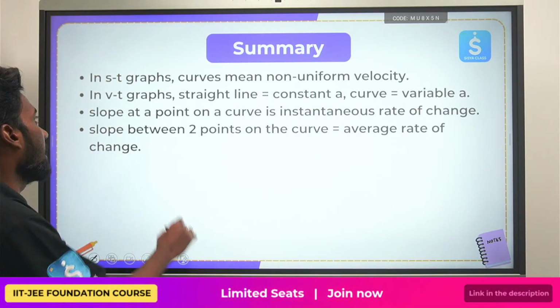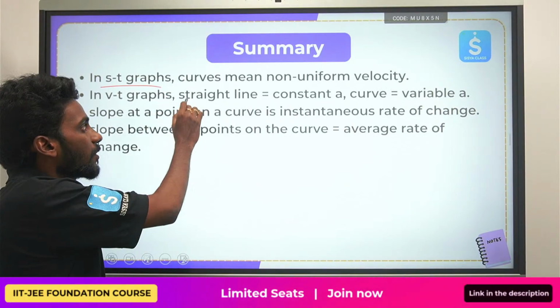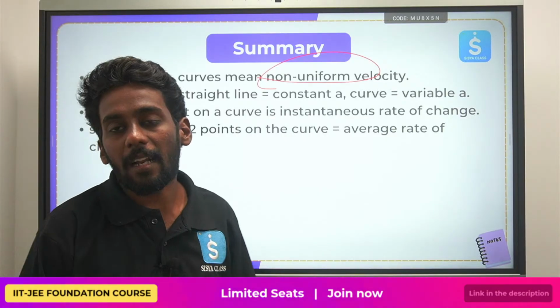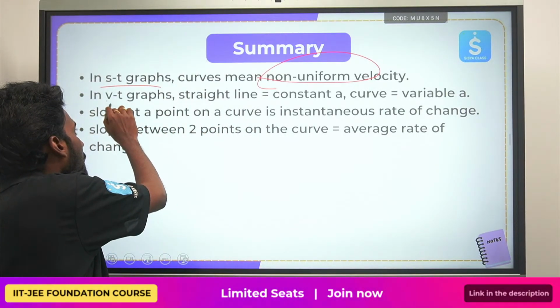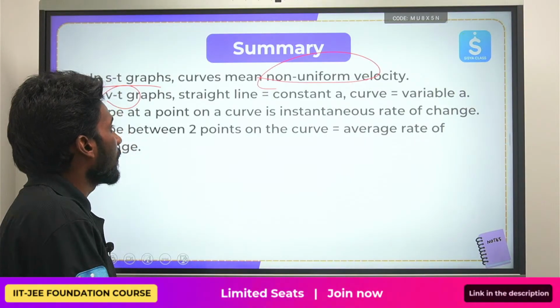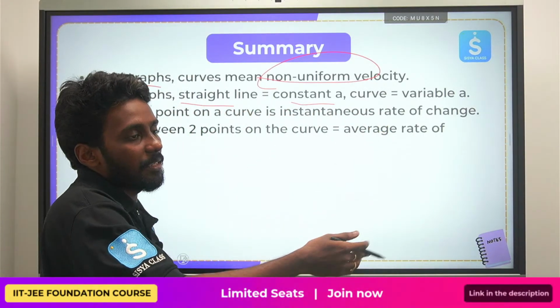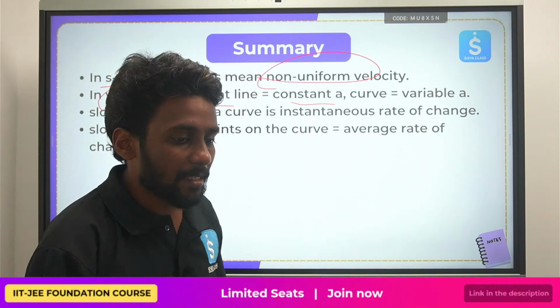We discussed in ST graphs, the displacement time graph, curves mean non-uniform velocity. Whenever you are seeing curves in the graph, it means non-uniform velocity. The second one, we saw the VT graph, that is the velocity time graph. The straight line means constant acceleration. If you are seeing curves in the velocity time graph, they mean variable acceleration.